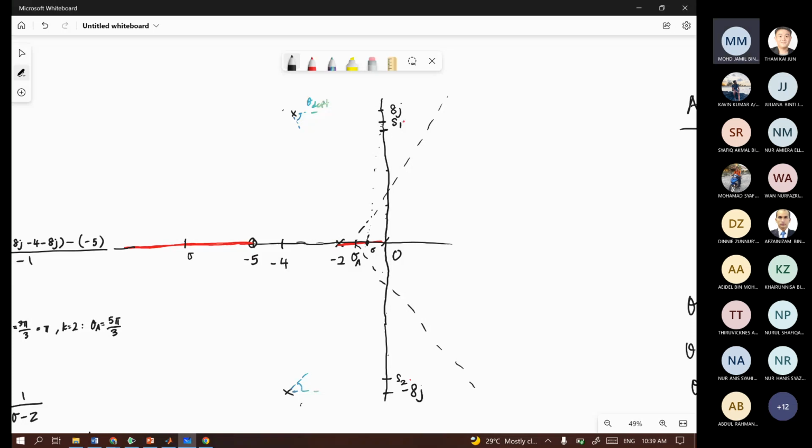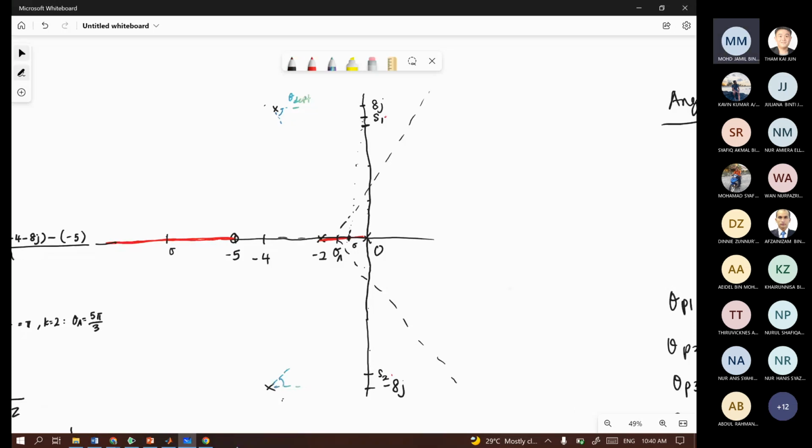We know that three poles will produce branches of root locus that go to infinity, and the branches are not coming from these two because they would cross the asymptote.